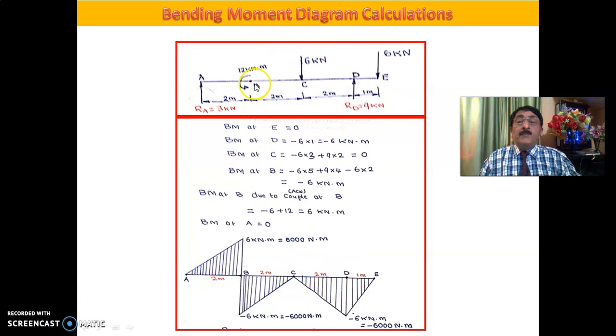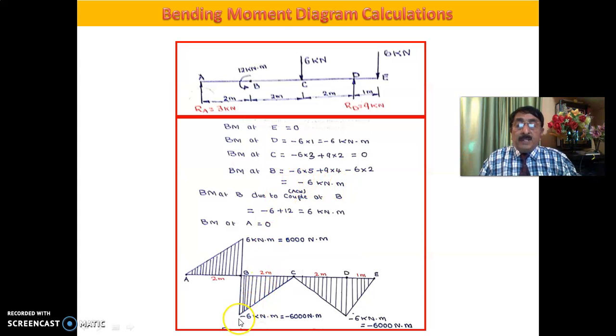Then bending moment at B, you first find out without the moment. Bending moment at B is minus 6 into 5 plus 9 into 4 minus 6 into 2, that is minus 6 kilonewton meter or minus 6000 newton meter.